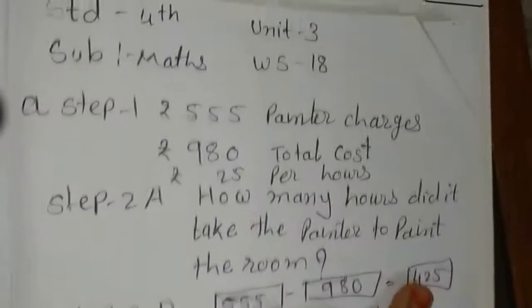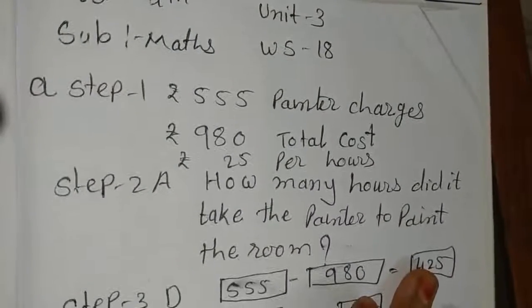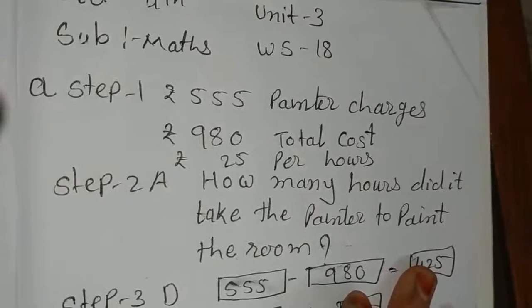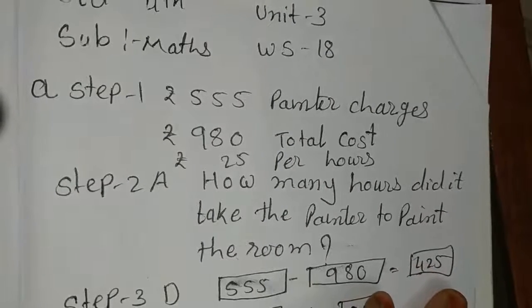Now students, first of all I'll show you step number 1, first and second, that you have to write in your maths notebook. I'll give you 1 minute, so you have to complete your work.